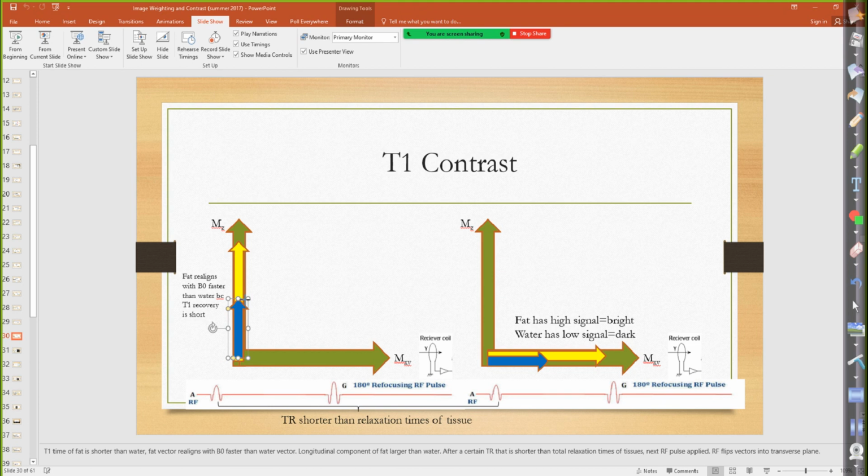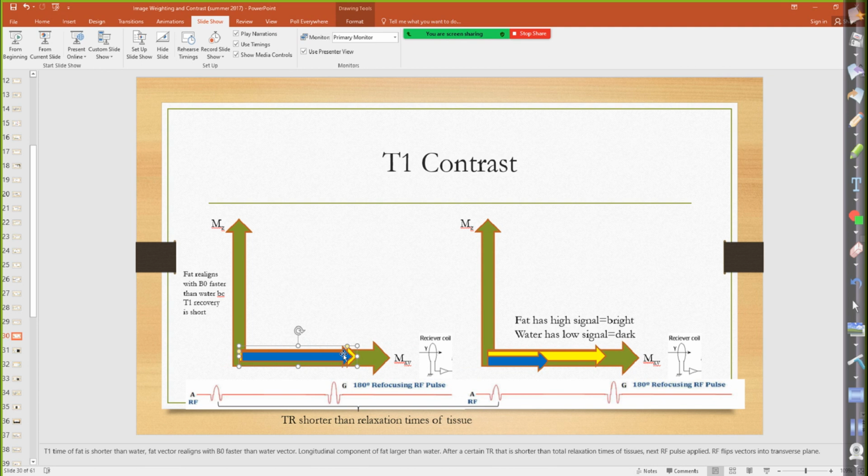When we start out, fat and water have the same length and vector size. They both flip into the transverse plane. And even though I'm showing this one a little bit bigger, just imagine that they're the same size so you can see the two.